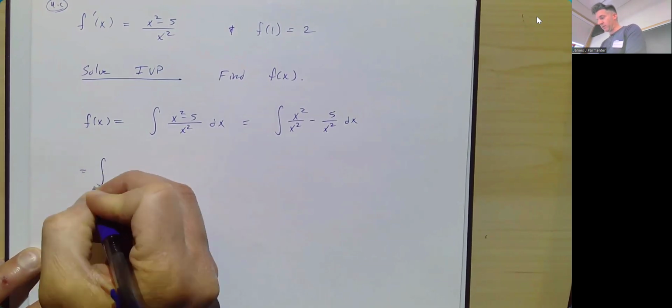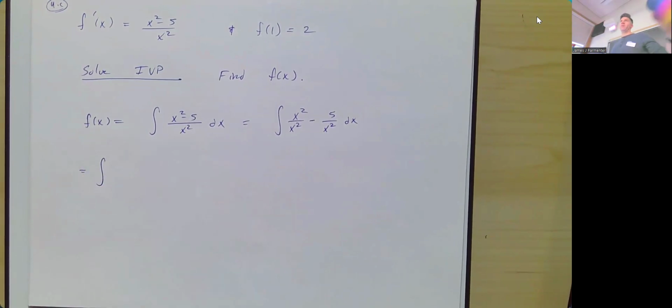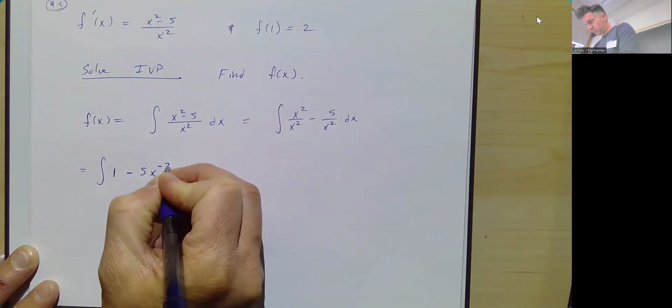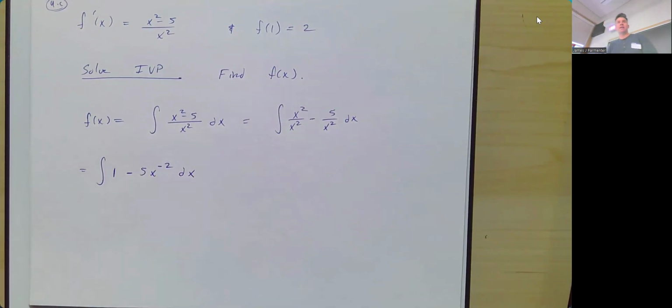Simplify that, rewrite it in a way that makes it as easy as possible to integrate. So hopefully you're coming up with 1 minus 5x to the negative 2.